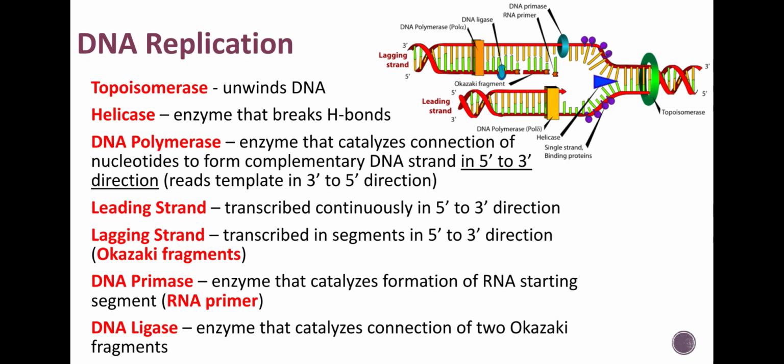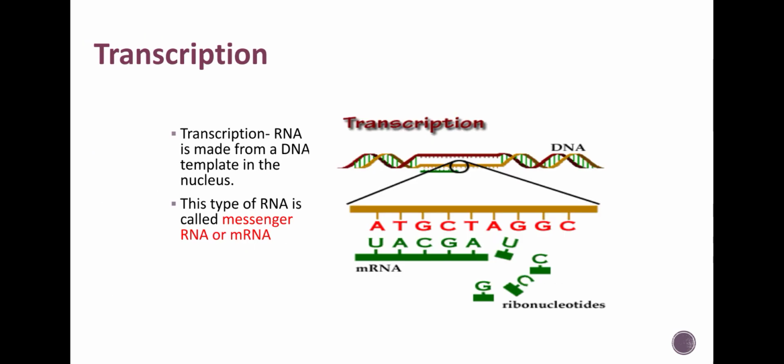Transcription is the process by which DNA directs the synthesis of hnRNA or mRNA molecules that carry the coded information needed for protein synthesis. Before we discuss the RNA synthesis, let us discuss first the different types of RNA molecules.